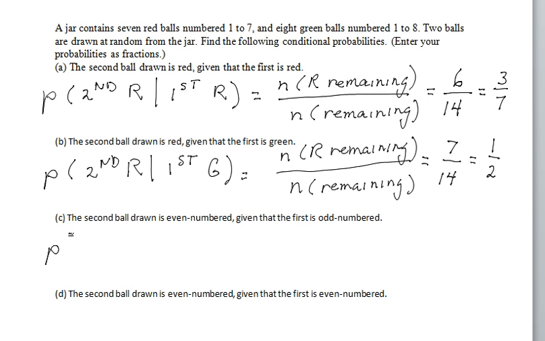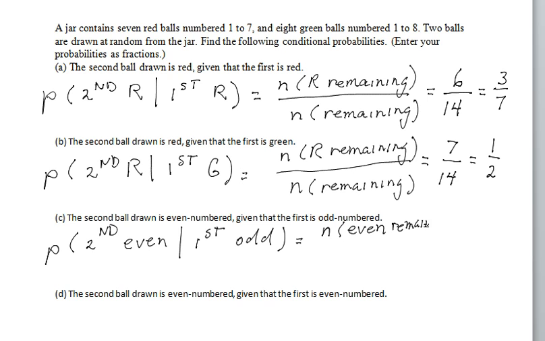Part C, probability that the second is even given that the first is odd. So this would be the number of even remaining over the number of balls remaining.